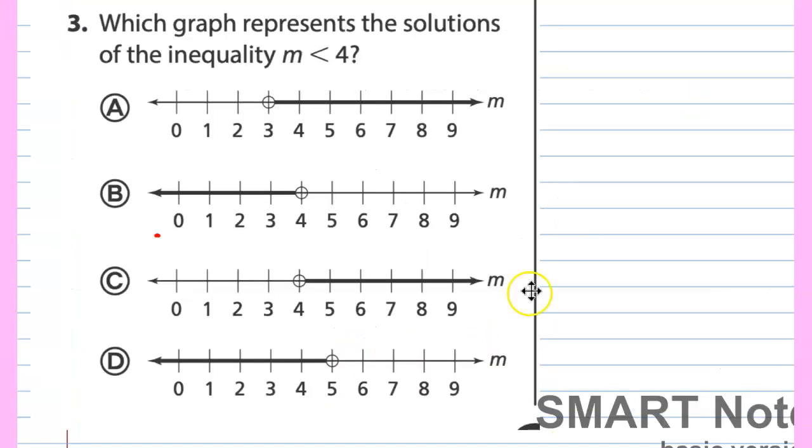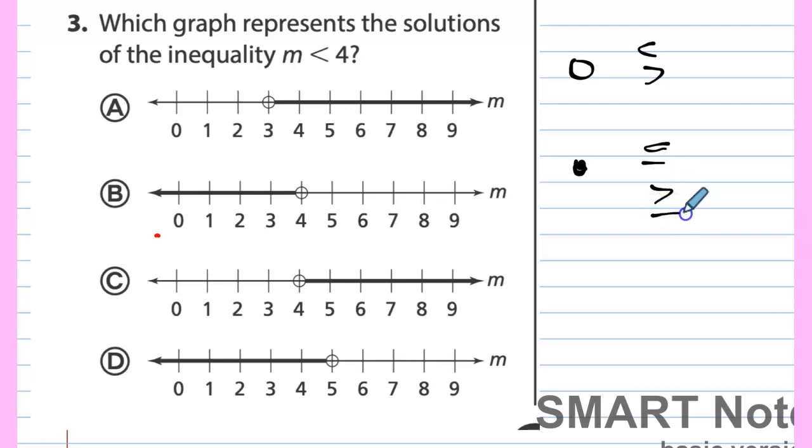All right, for the next question, which graph represents the solution of the inequality m is less than 4? Remember in our problem in the beginning, we said when the dot is open, the symbol should be like this, and if the dot is closed, the symbol will be like this.